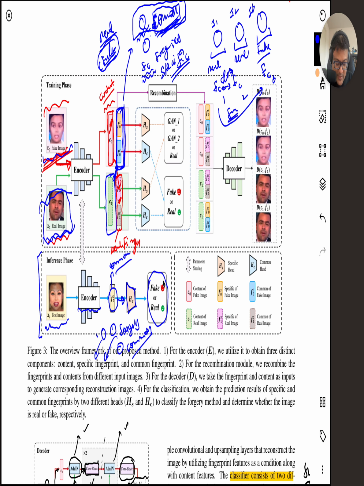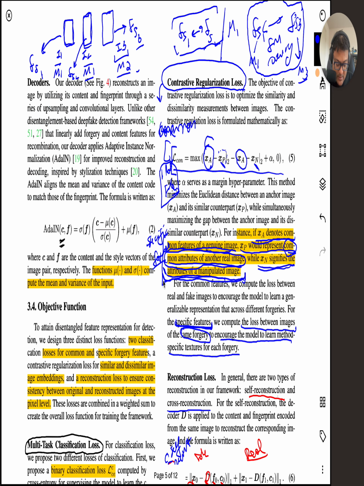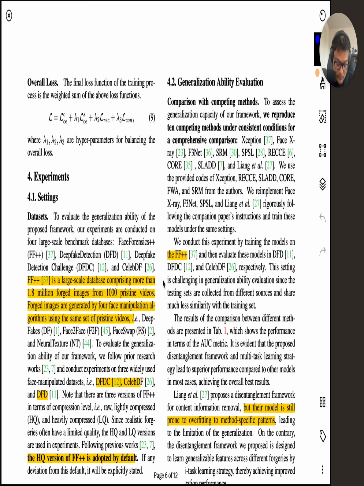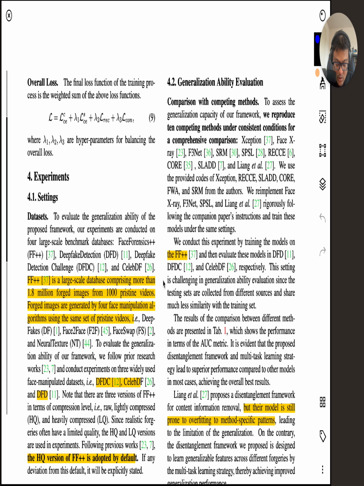Okay, now that this is clear, let's look at their results. There is a dataset called FF plus, which contains more than 1.8 million forged images from 1000 pristine videos.